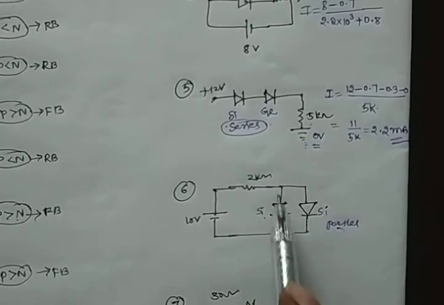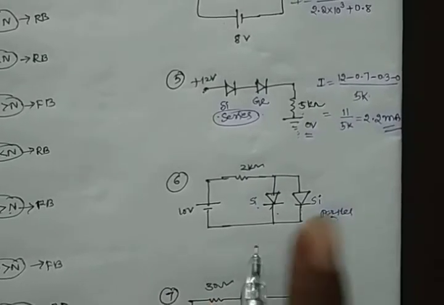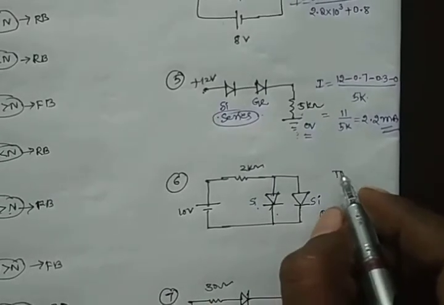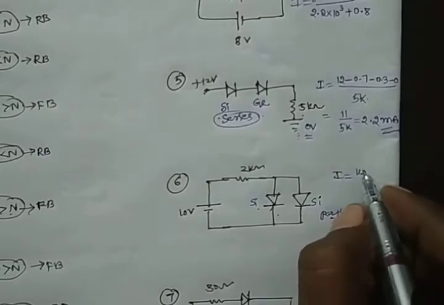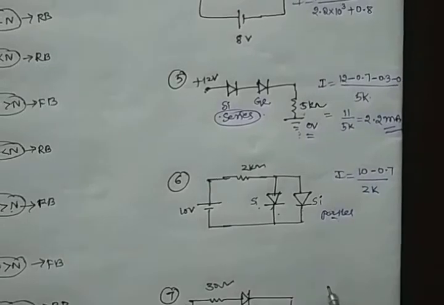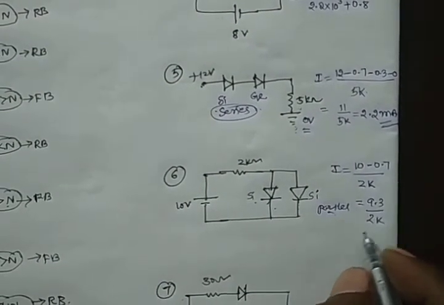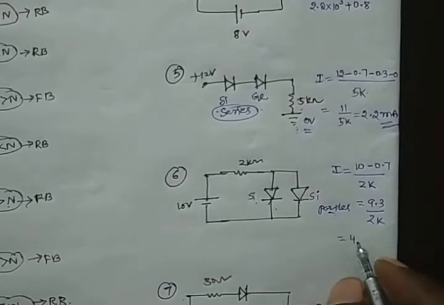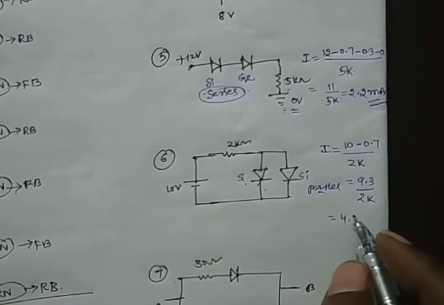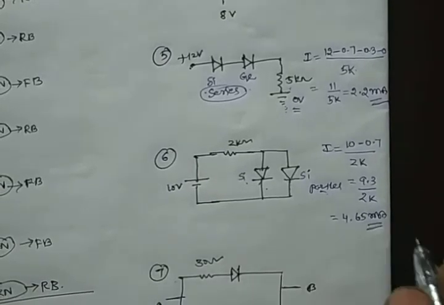That's why you can take a single potential. So I is equal to 10 minus 0.7 by 2k. That means 9.3 by 2k. That means 4.65 milliamperes.